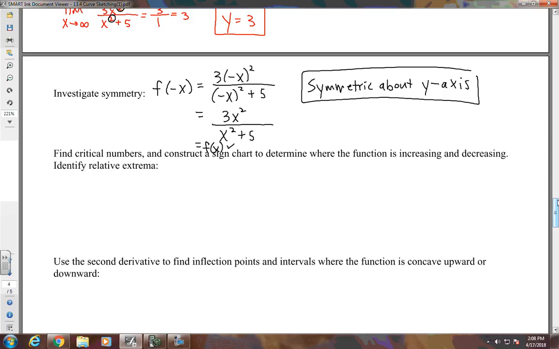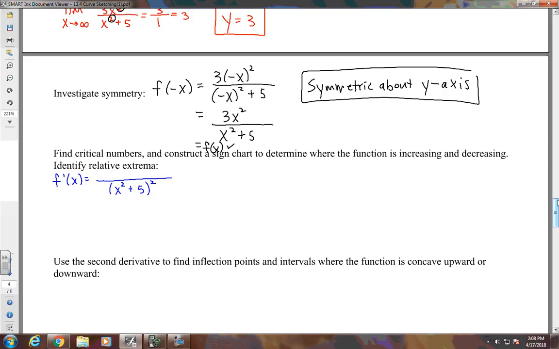Now we're ready for our sign graphs. To find the critical numbers, we're going to need the first derivative. To find the first derivative of this function, hopefully you can recognize this, we're going to need the quotient rule. I know that's your favorite derivative rule, right? Of course, this is the longest rule.